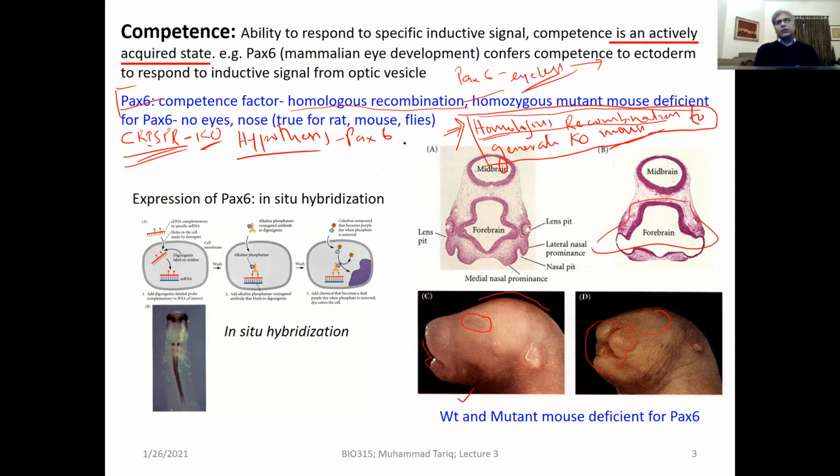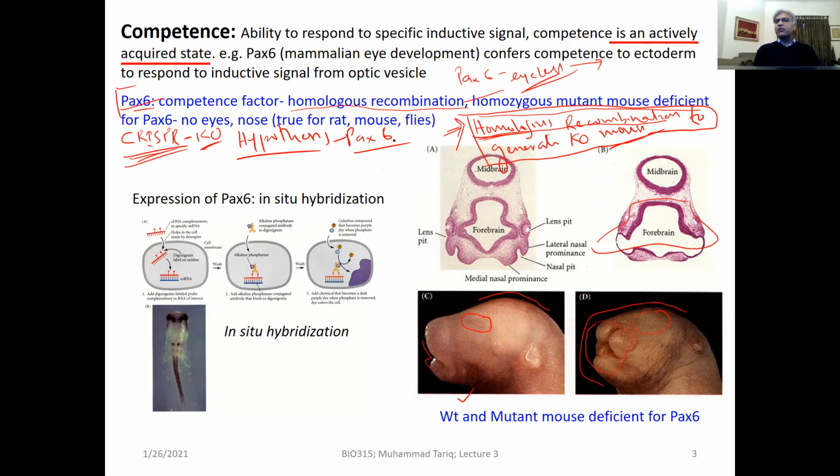In order to prove our hypothesis, we generate a mutant, a CRISPR mutant or homologous recombination knockout mouse, etc. Once you have this mutation, we have the phenotype. This shows that if I target PAX6, that results in a very specific phenotype.